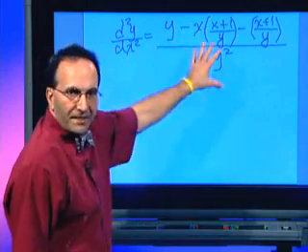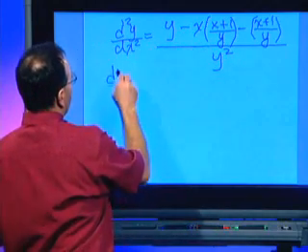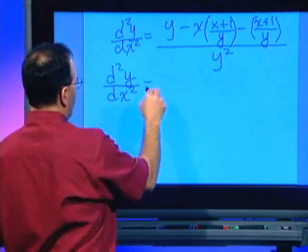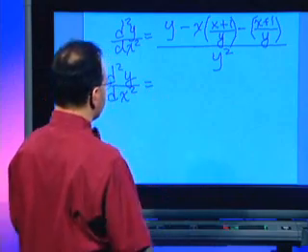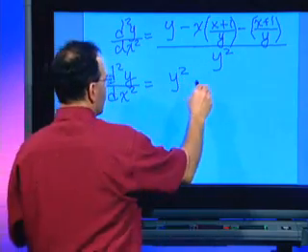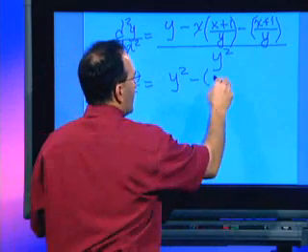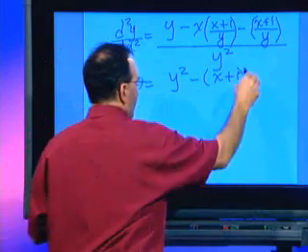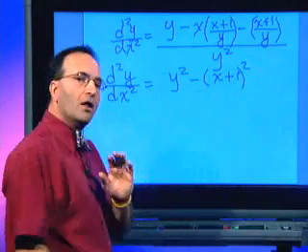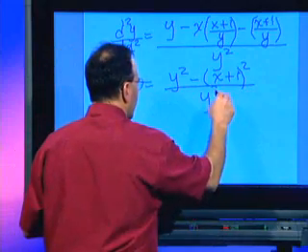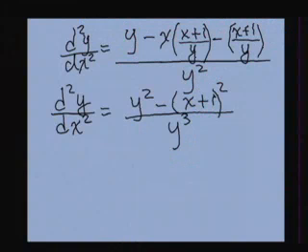When we simplify that, we're going to get that it's equal to y squared minus the quantity x plus 1 squared. And that's all going to be over y cubed.